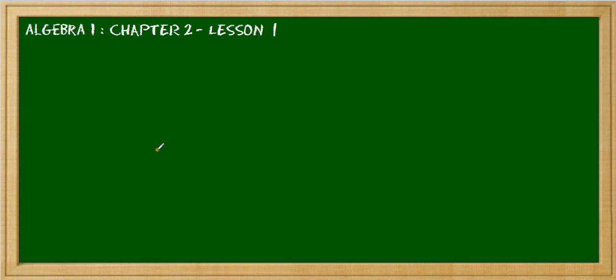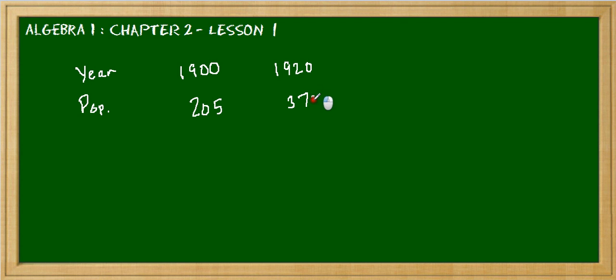And then what we see here is a table. I'm going to go ahead and write that table. It's going to be important for us to take a look at this. We have the year, and then we have the population, which I'm just going to abbreviate as POP. In 1900, we had 205 in Grover's Corner. Pretty small town. But in 1920, it increased to 372.